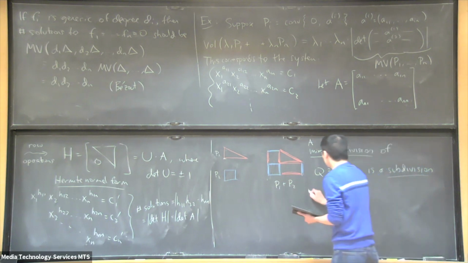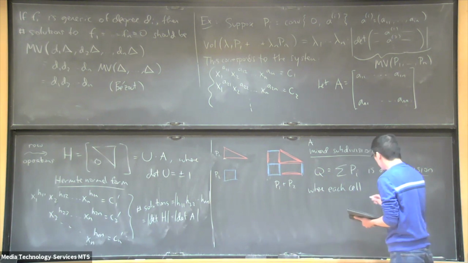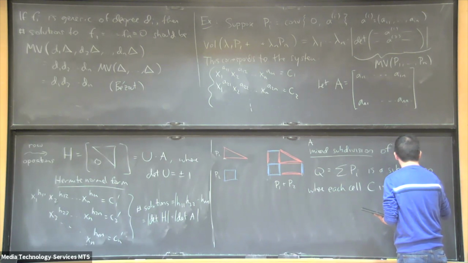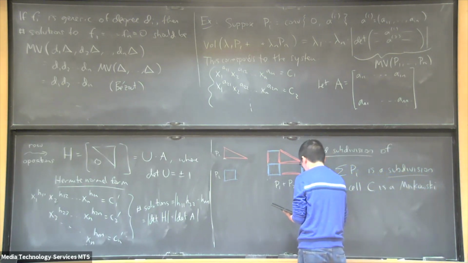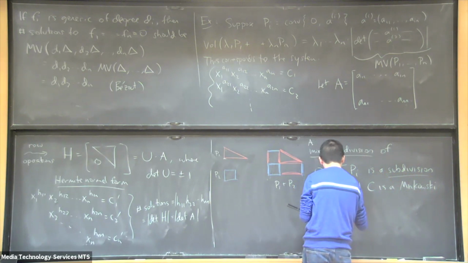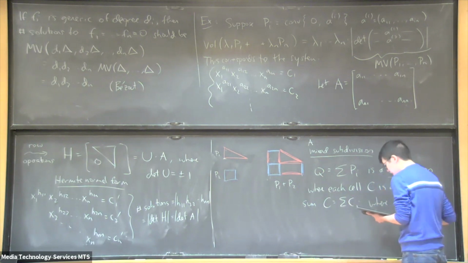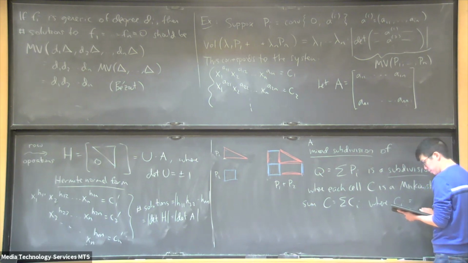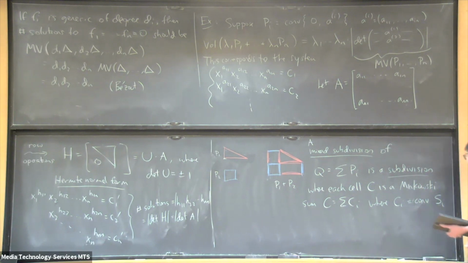But the important thing is that each cell C should be a Minkowski sum on its own, where each Ci is equal to the convex hull of some set Si.